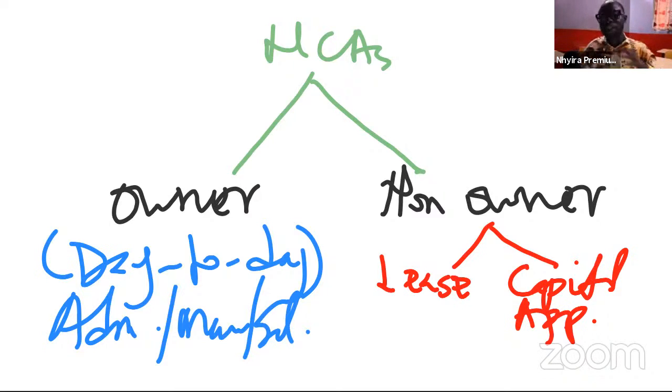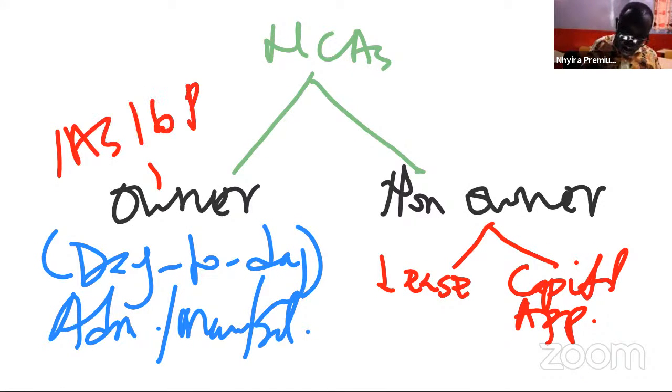Now, when the organization is using the tangible non-current assets for the day-to-day running of the organization, then those assets will be accounted for in accordance with IAS 16, that is property, plant, and equipment.